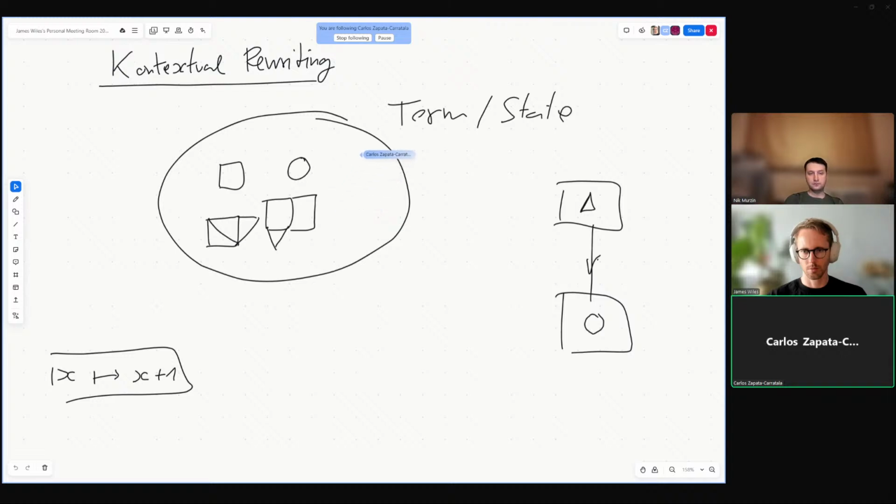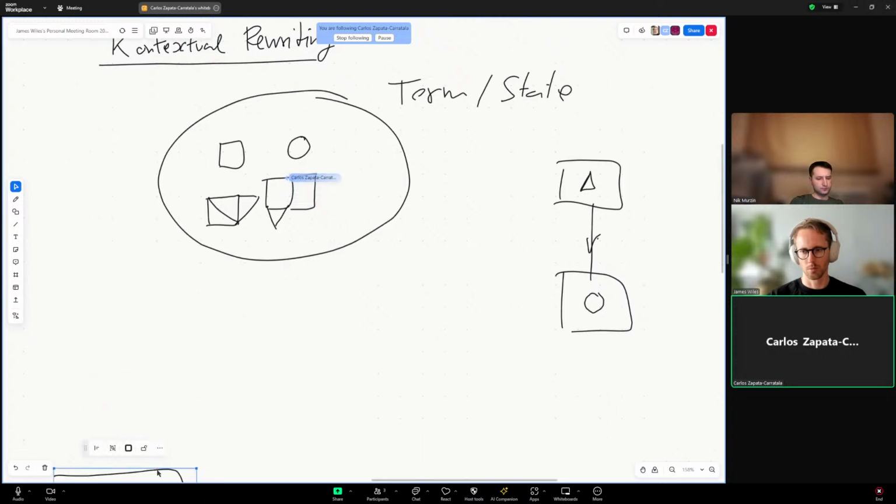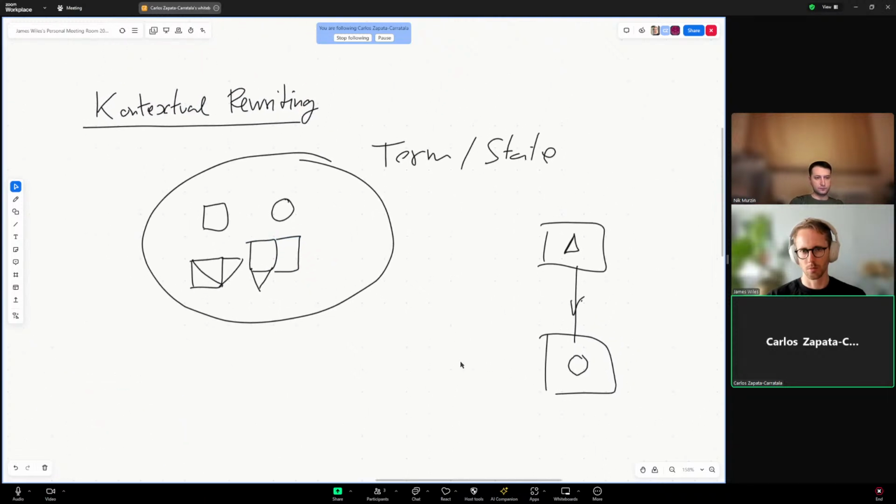If this is my rule, match a triangle and output a circle, it's not entirely clear what it means to just be a triangle. Because if every time you see a triangle, you just write a circle, period, then in a way you're not really doing any rewriting. What you're saying is counting the number of triangles and then saying that's the number of circles you get. But you're not saying anything about where the circle fits or how the triangle has to be either isolated or next to something else and so on.